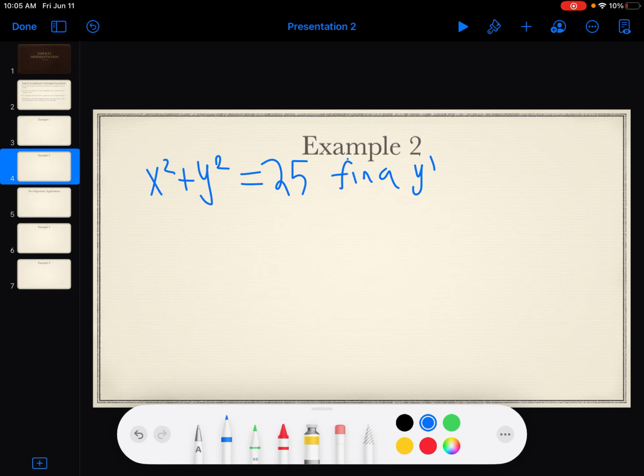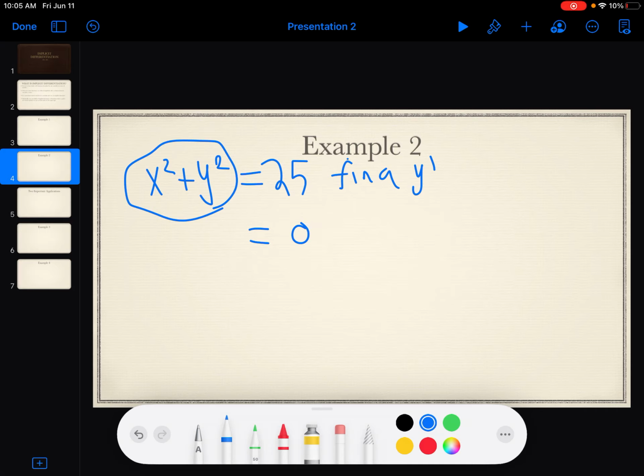So let's take the derivative. We realize this is an implicit function because we got x and y together on at least one side. So taking the derivative of the right side first, what's the derivative of a constant? It's just 0.